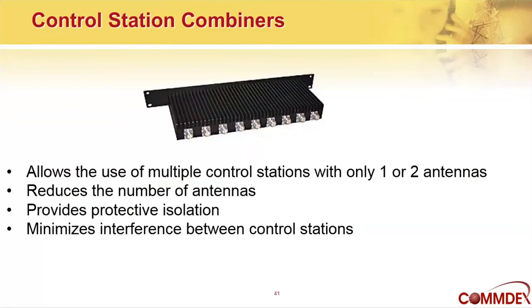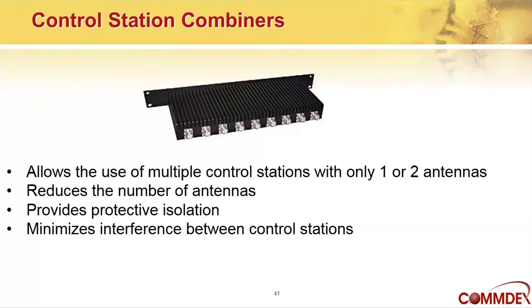But if you are a public safety agency and you want to have interoperability with your neighboring agencies, it's common to have these control stations pointed at your neighboring systems, and you have a stack of these.